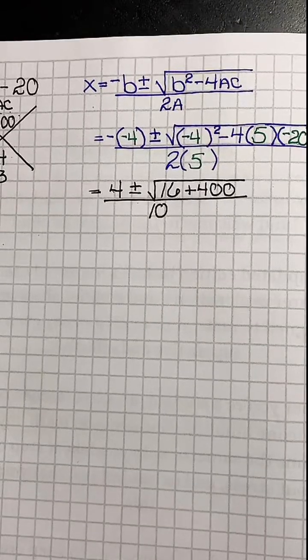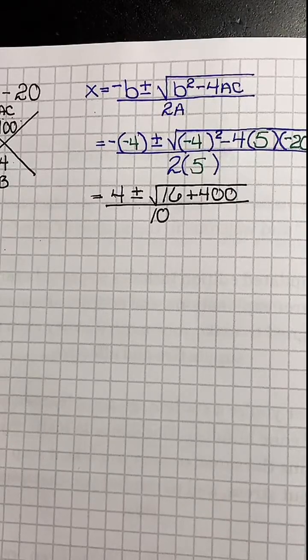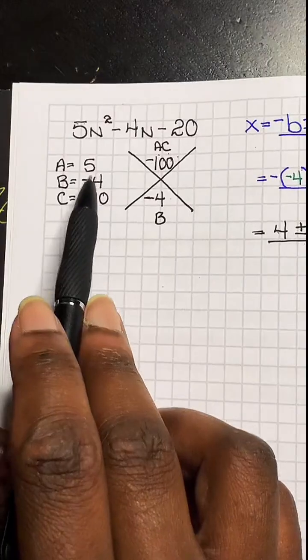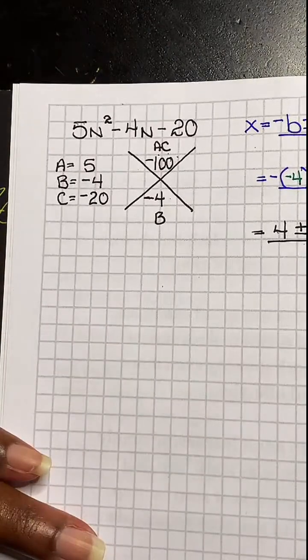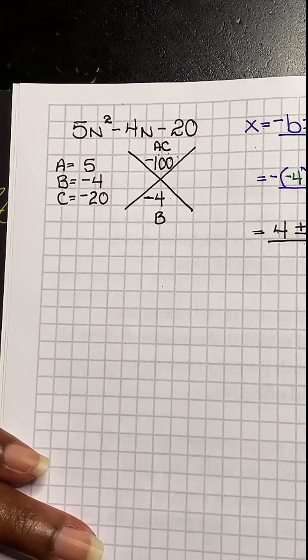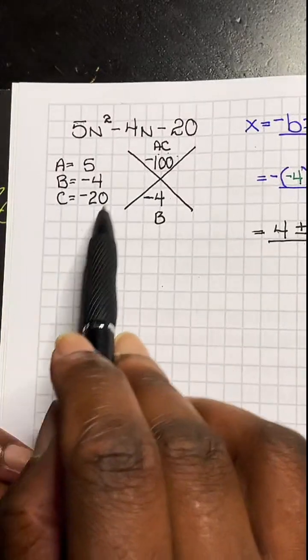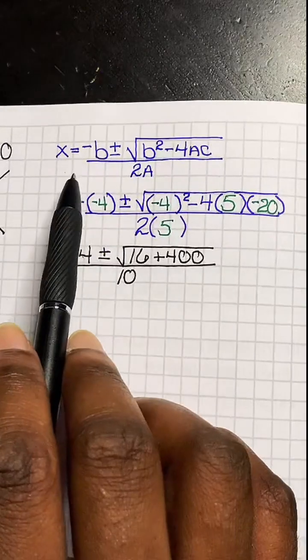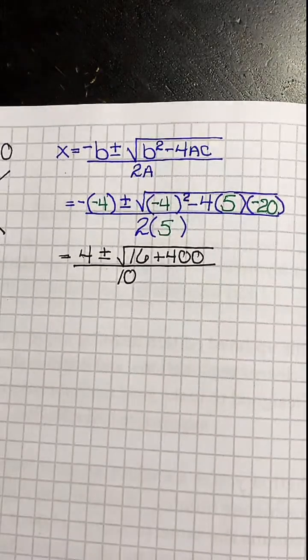Okay, where did the 100 go? Because now we're doing the quadratic formula, not the AC method, sorry. So we're looking at our A, our B, and our C. Okay, so we're taking this information and plugging it into this equation.